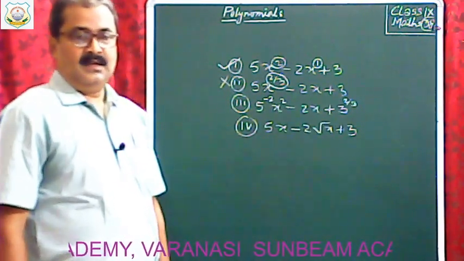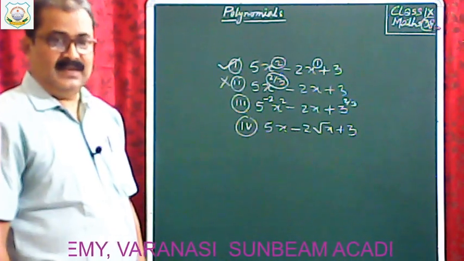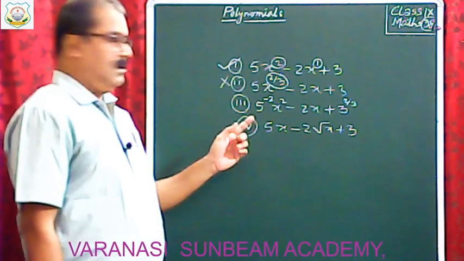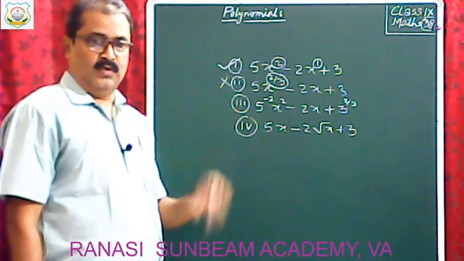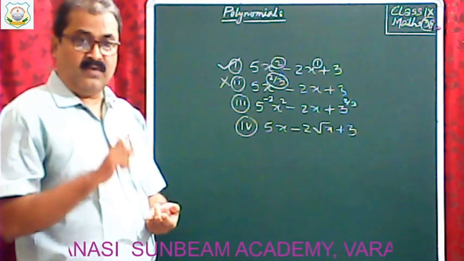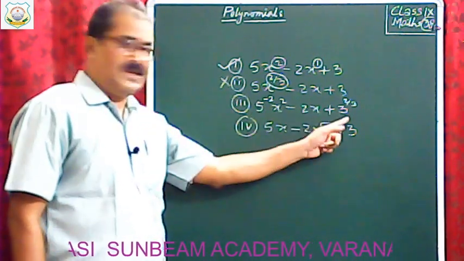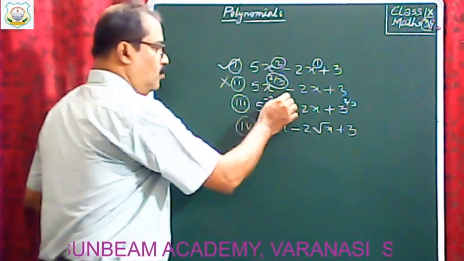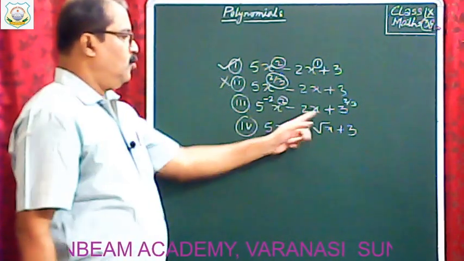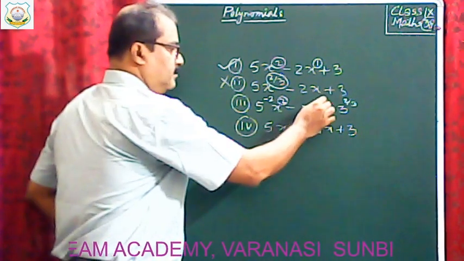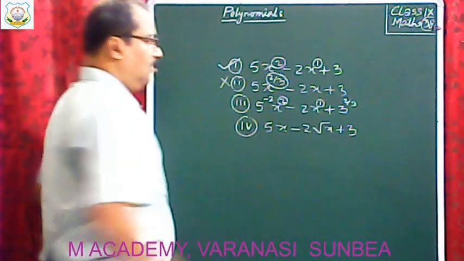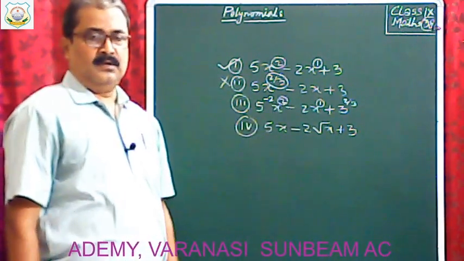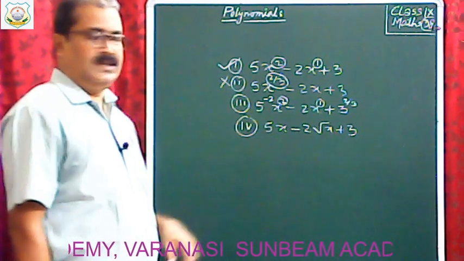These are not non-negative integers, not whole numbers. But we have to check only the power of variable, not the power of constant, isn't it? Power of variable, x squared, power is 2. 2x to the power nothing means 1. You have to check the power of variable of the terms. These are non-negative integers. That's why it is a polynomial.